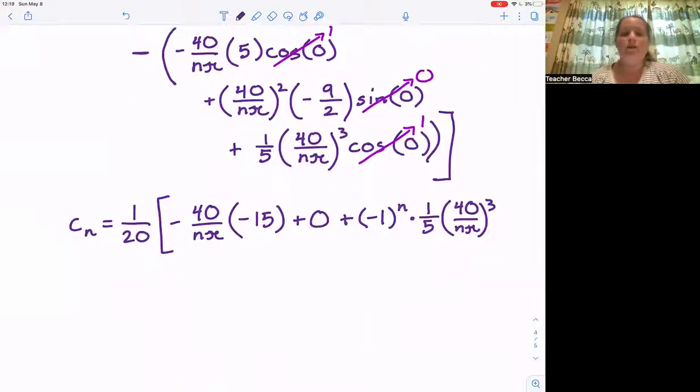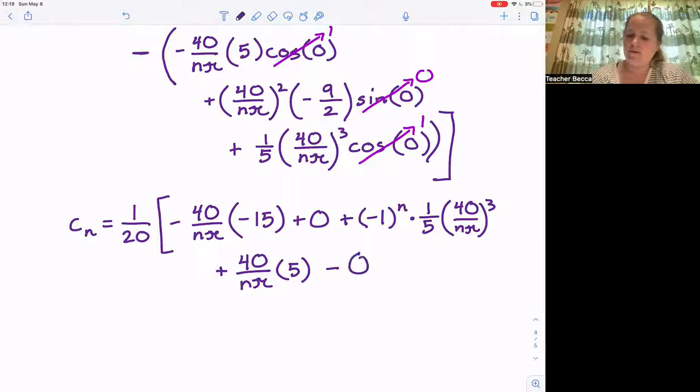And we are subtracting off a -40 over n pi times 5. So this becomes plus 40 over n pi times 5. And then we're subtracting off a positive 1/5 times 40 over n pi cubed, and a -0 term.